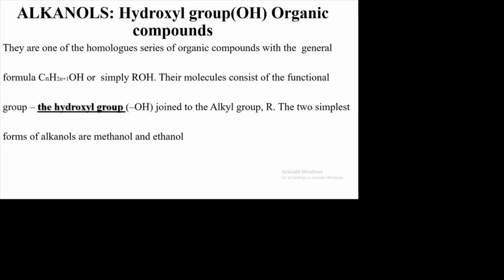So let's go into the matter of the day. What are alkanols? Now, to take you back to previous lessons, we talked about homologous series, and we said that we have up to 10 families that belong to homologous series.